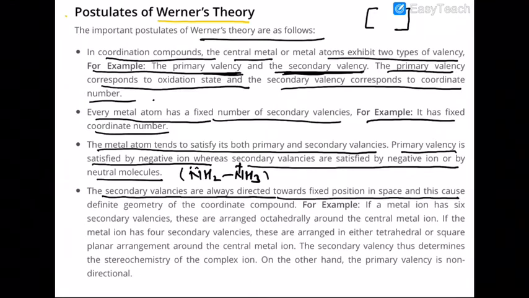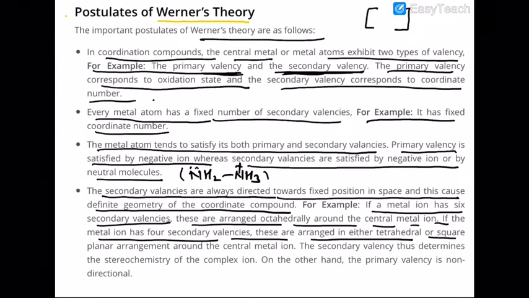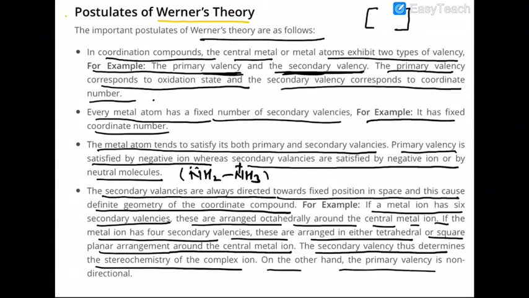This causes the definite geometry of the coordination compound. For example, if a metal ion has 6 secondary valencies, these are arranged octahedrally around the central metal atom. If the metal ion has 4 secondary valencies, it can be either tetrahedral or square planar around the central metal atom. The secondary valencies determine the stereochemistry of the complex, while the primary valency is non-directional.